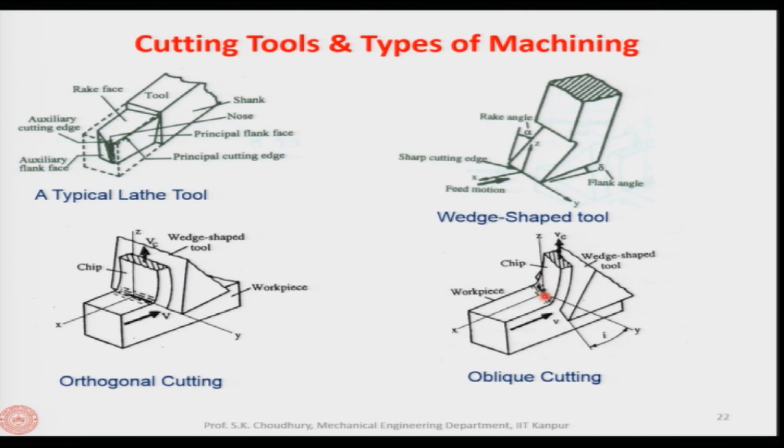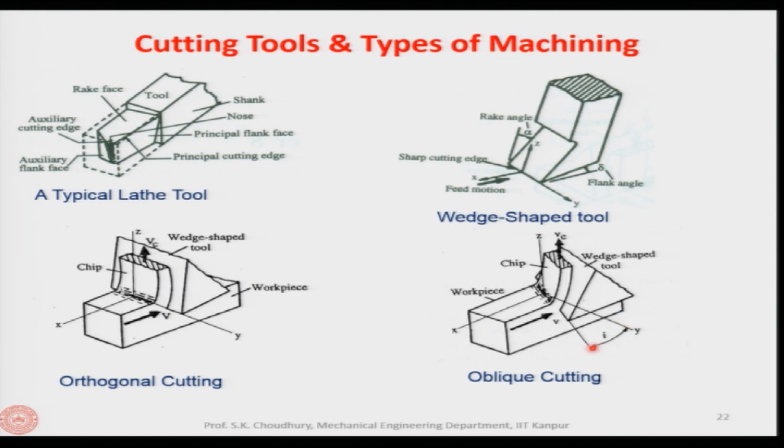And the cutting forces will be confined not only to the x-z plane, but now will be on all three planes, x, y, z. So this is the basic difference between orthogonal cutting and oblique cutting. Therefore, orthogonal cutting is known as two-dimensional cutting, because the forces are confined to the x-z plane, and oblique cutting is three-dimensional cutting, because the forces are in the x-y-z planes.